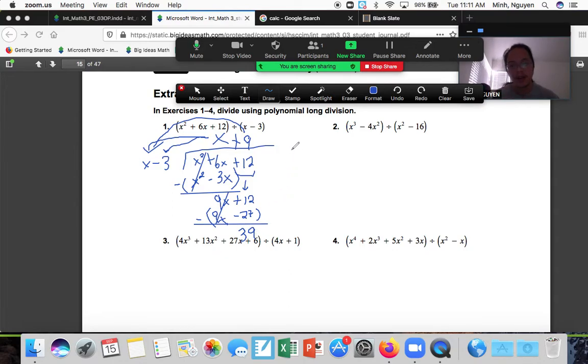This is my remainder. So what does that look like? x squared plus 6x plus 12 divided by x minus 3 equals x plus 9 plus the remainder over the divisor.